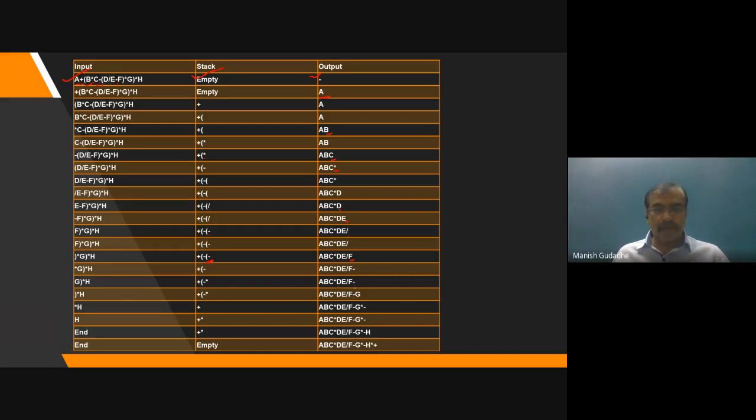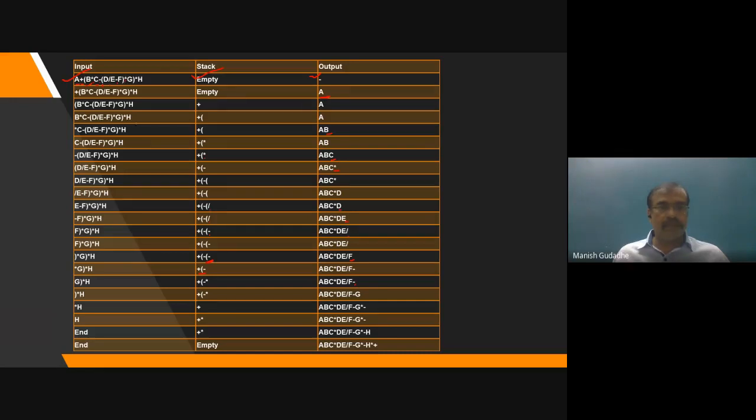The second opening brace is discarded. Now we are left with this part, which is part of the previous bracket.